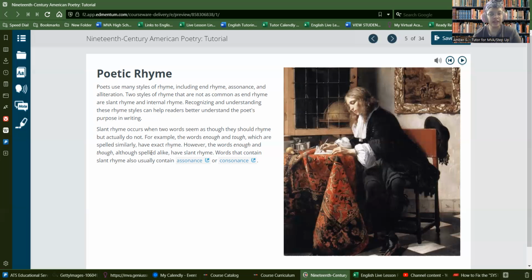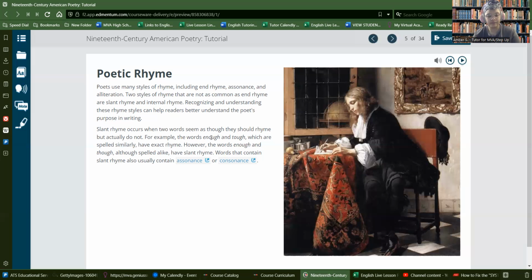They technically gave you two definitions here, and it's important to note that they told you the difference between exact rhyme and slant rhyme. So don't just write down the example for slant rhyme. You also want to know what exact rhyme is. It's when two words seem like they rhyme and are spelled similarly, and they do. Slant rhyme is when they seem like they would rhyme based on the spelling, but they do not.